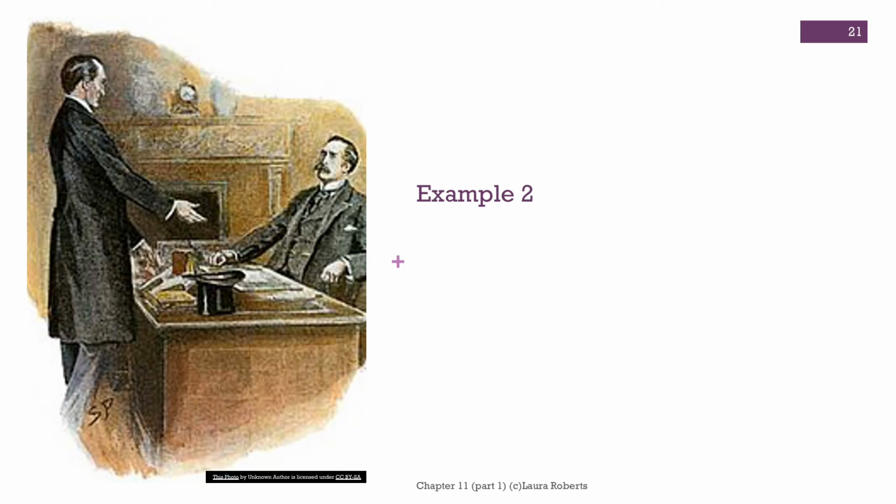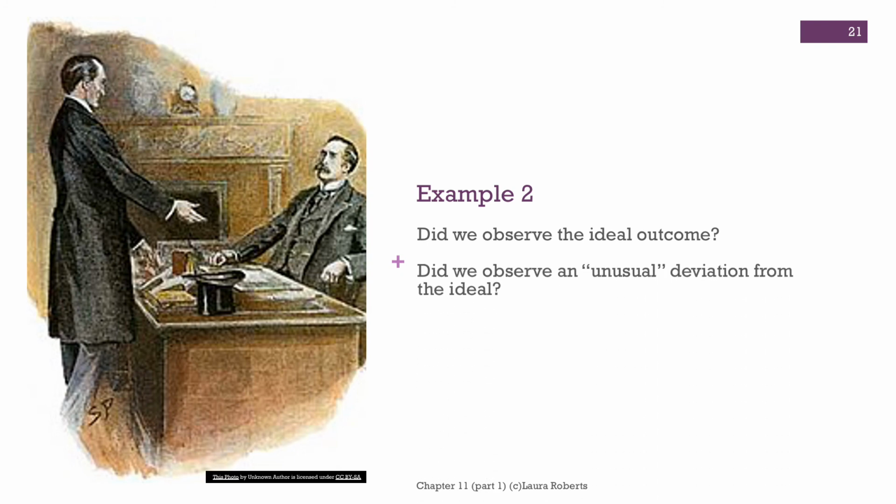So, did we observe the ideal outcome? No, we'd like to find support for our hypothesis, and this would require a sample mean much closer to our hypothesized mean of 100. Did we observe an unusual deviation from the ideal? Yes, this is a very unusual sample mean if we imagine that it had been drawn from a population with a mean of 100.